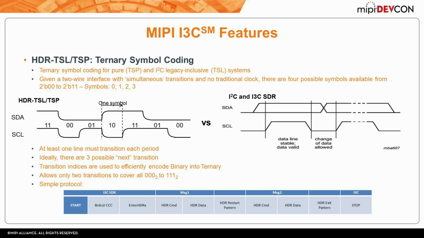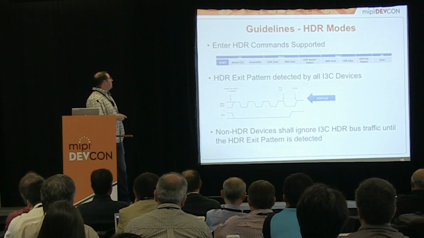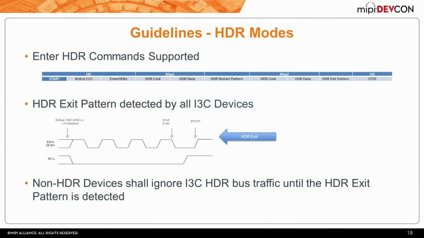In a perfect world, getting you 3x the throughput as opposed to just 2x, such as in DDR. So again, you enter that mode, you send commands and data as you need to, exit with the same exit pattern, and stop. So what are some guidelines for HDR modes?